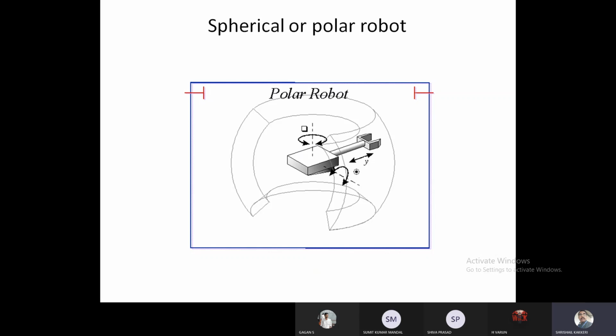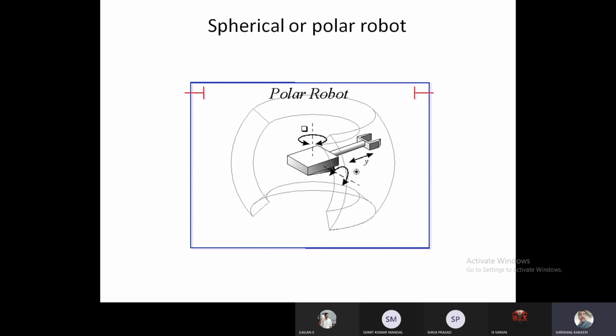Pick and place, simple welding operations, simple paint spray operations, and machine loading and unloading. Along with that, it can be used for complicated and very complicated painting and welding operations. These robots can be used because the two rotational joints are there.